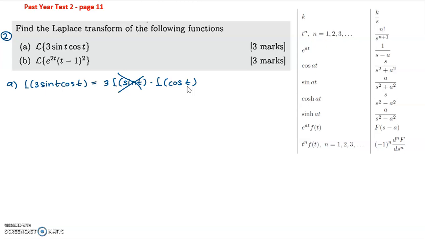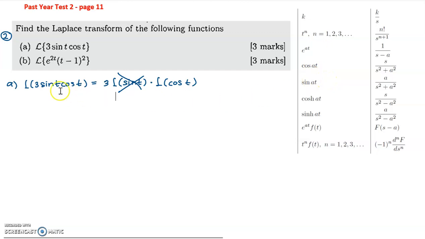So what do we need to do here? If we refer to the table, there is no such thing as sine t times cos t in the table. On the left hand side, we don't have a Laplace in that form, but individually you have cos and you have sine.